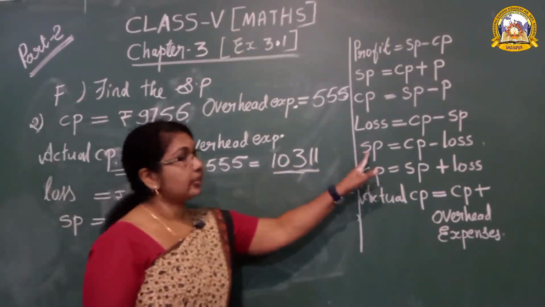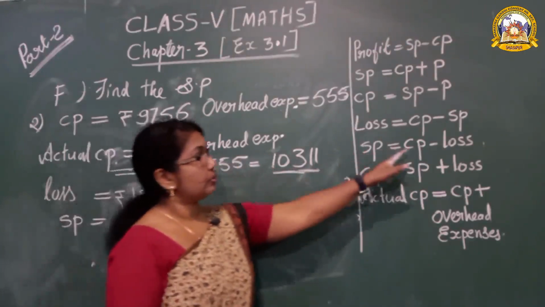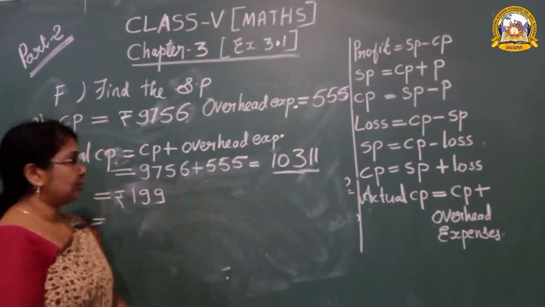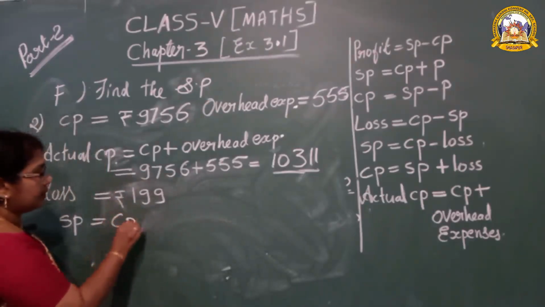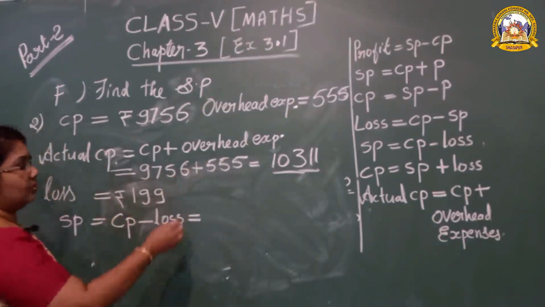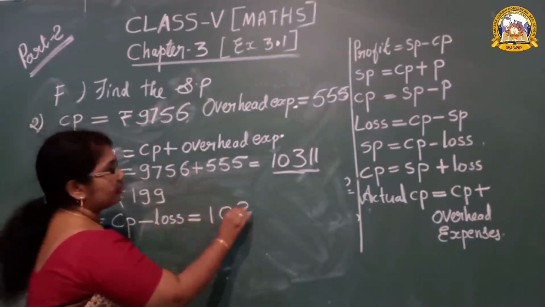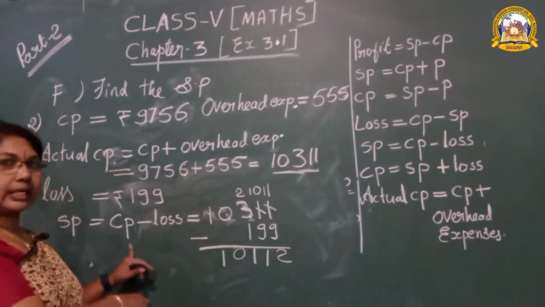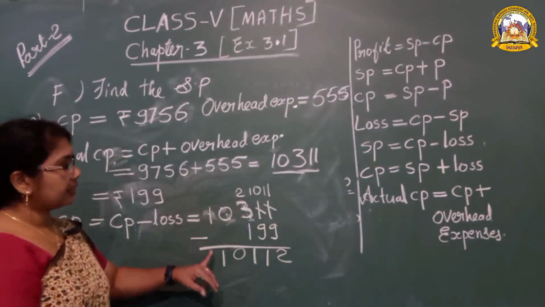SP we have to find out. We have CP and loss. CP minus loss. So you should write the formula. SP is equal to CP minus loss. What is the CP? 10,311.